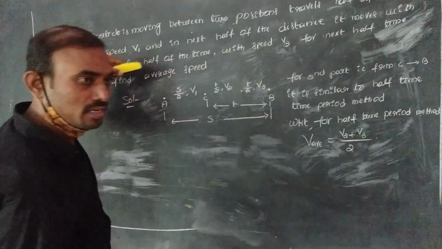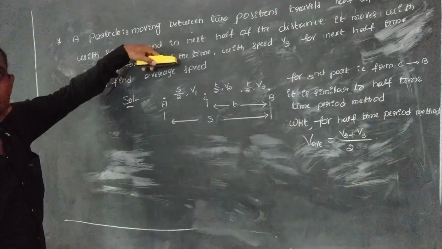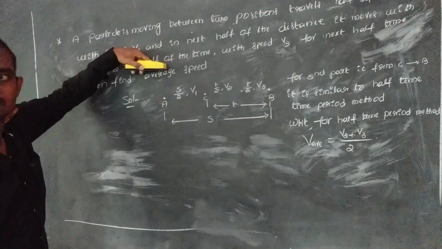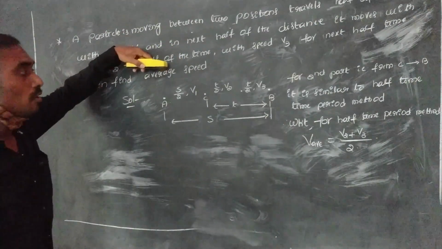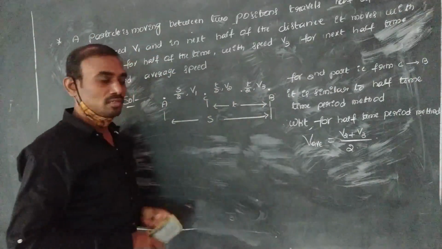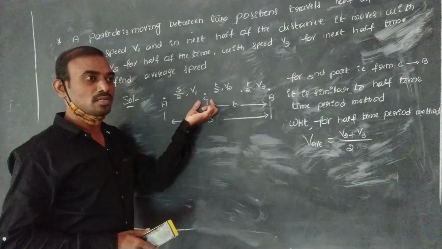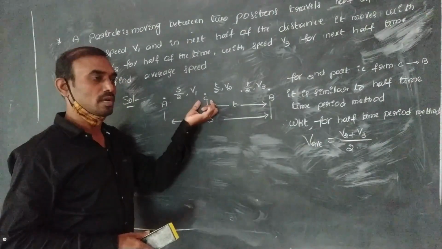Then we have to calculate the average speed for the entire journey, for the total motion. So first consider A the initial position and B the final position. C is the half distance point, or midpoint.